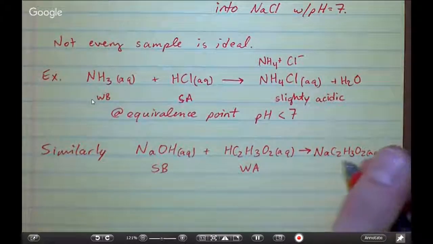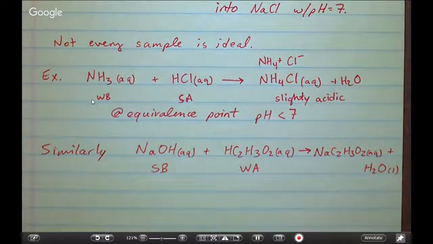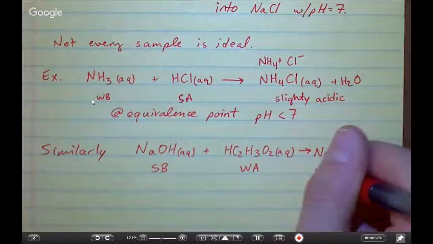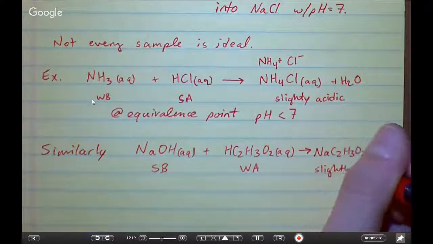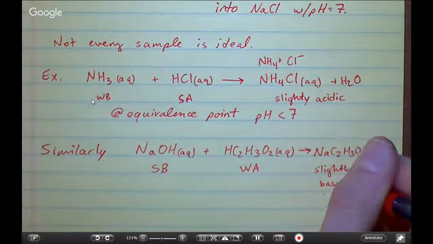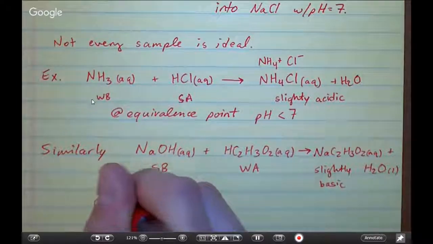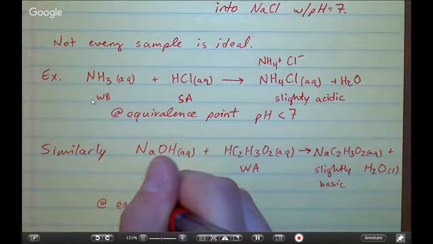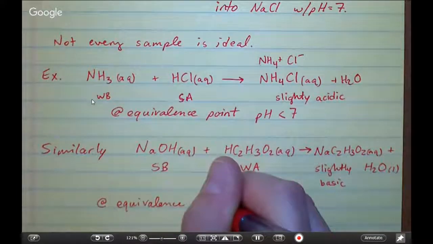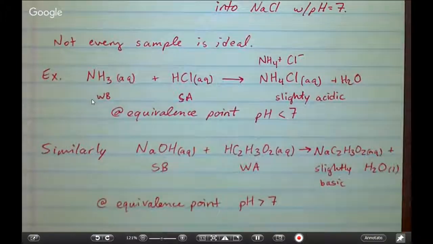So the salt, the product, is going to be what? Slightly basic or slightly acidic? Slightly basic. So we would expect to be at an equivalence point where the pH is greater than 7. Might not be by a lot, but it's still going to be significant enough.